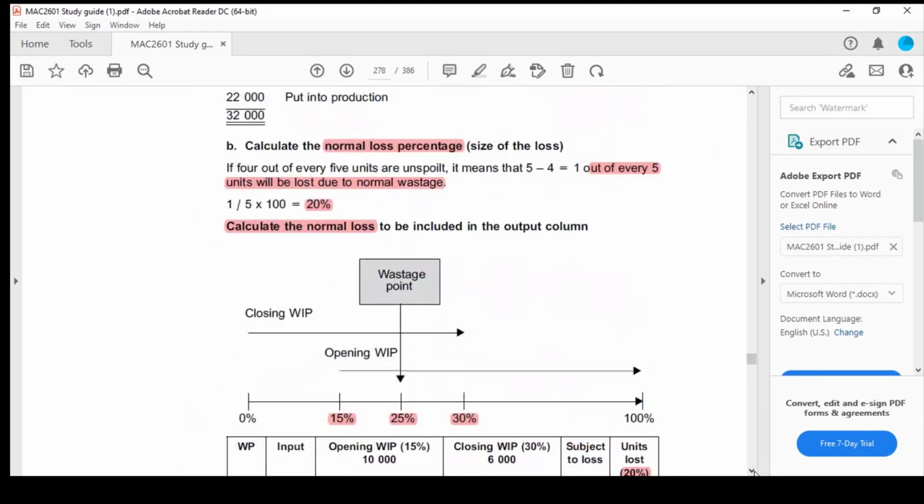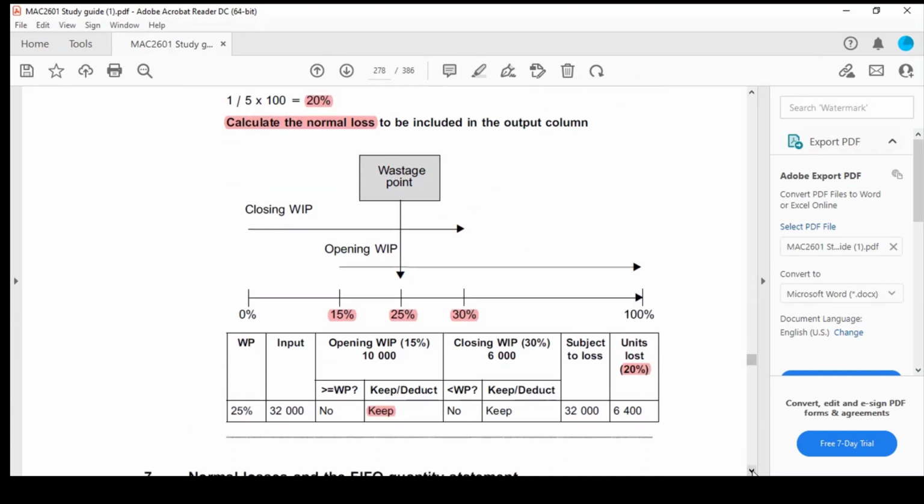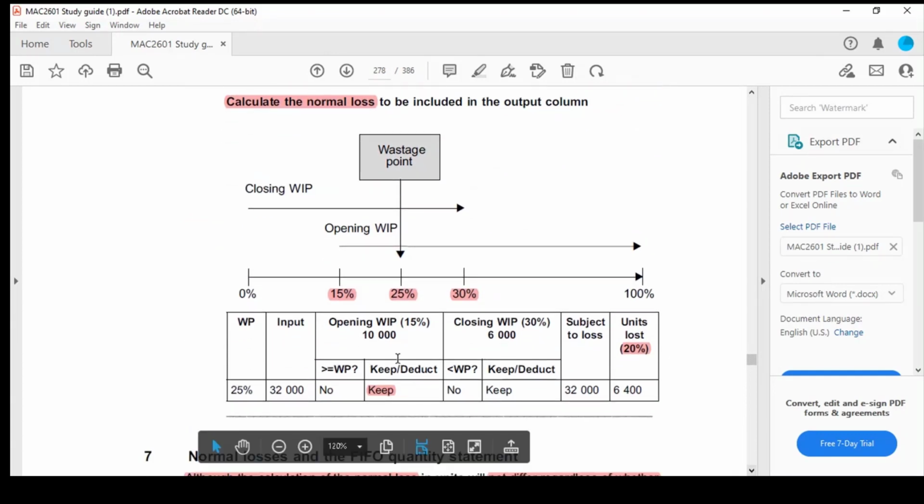Yes, I will have to deduct. If it is before, it will have to experience the subject loss, so that means I will keep it. If it is after, then I will have to deduct it.